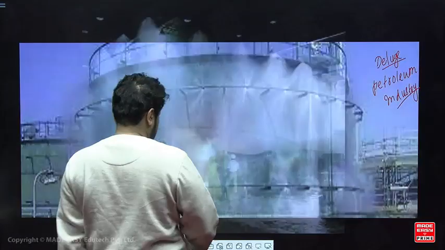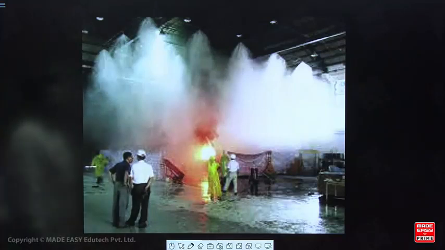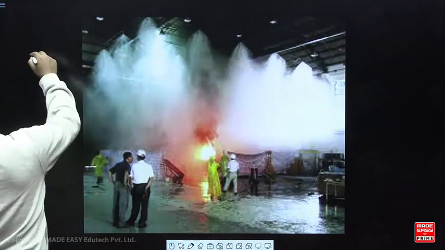Now another type that we have is called water mist, right.